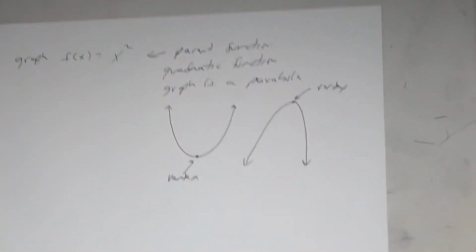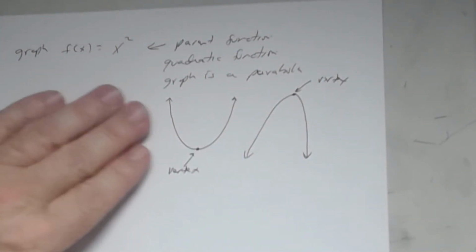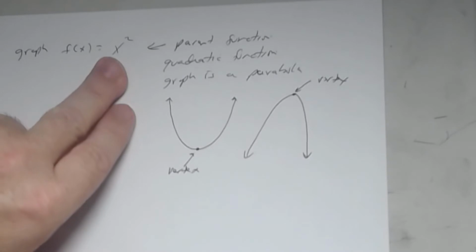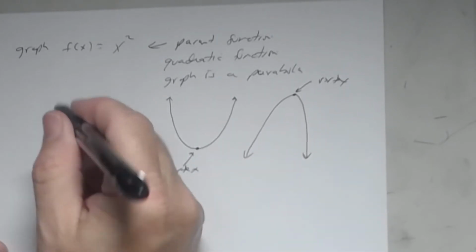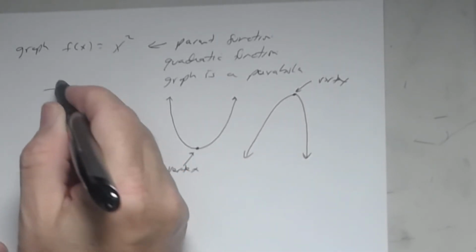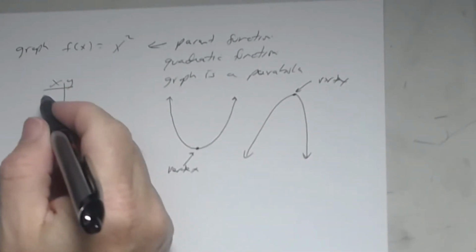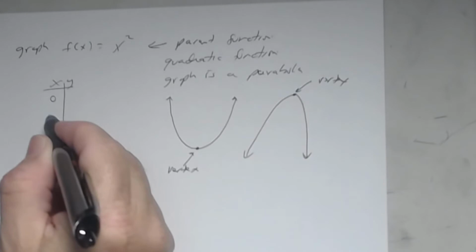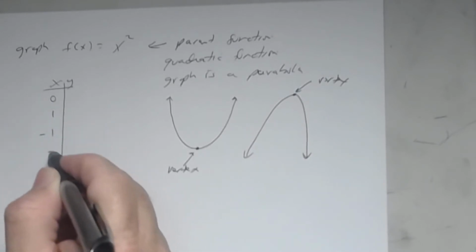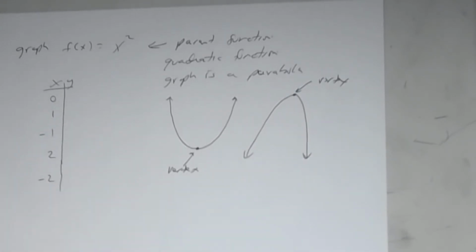So for the parent function x squared, you're going to use these values for x. You use a t-table, and we're going to use these numbers: 0, 1, -1, 2, -2.